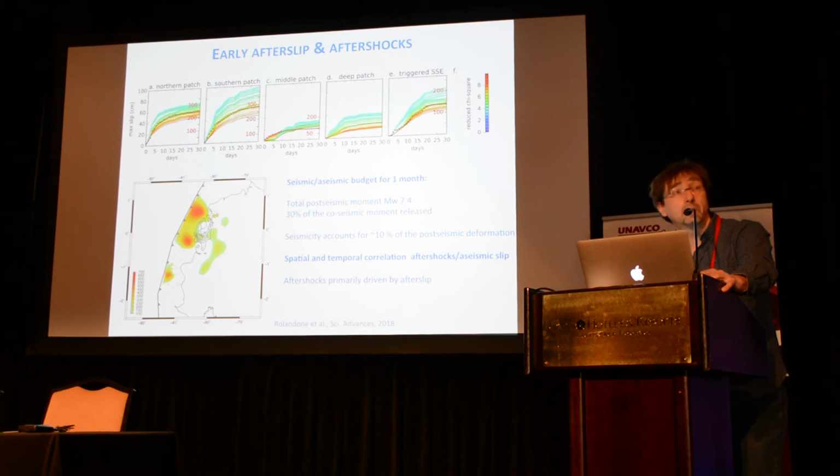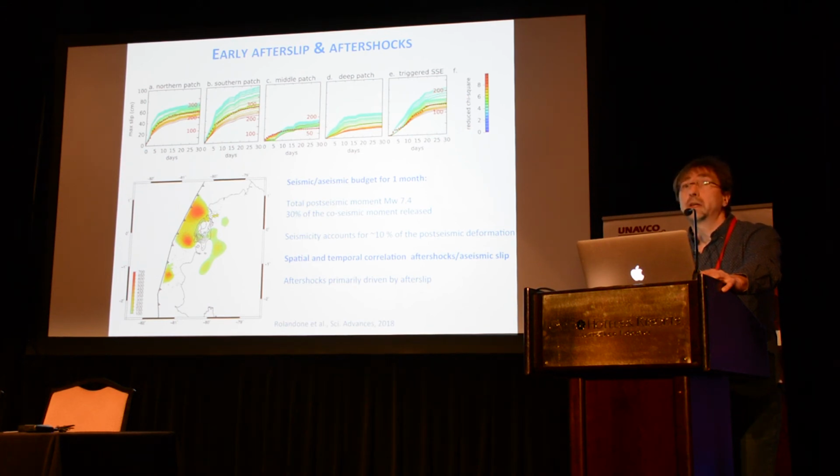We ran the afterslip inversion and saw how well we can predict both the horizontal and vertical components of GPS sites in the Cordillera. And we don't have any problem with that. That suggests that afterslip, even the deep afterslip, was the main process, at least explaining the surface deformation.